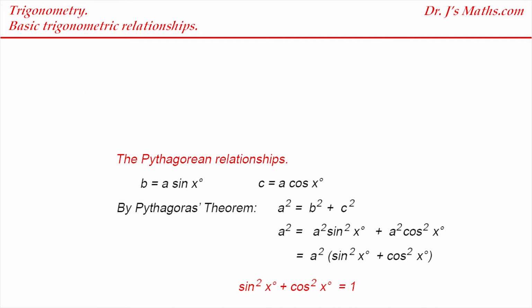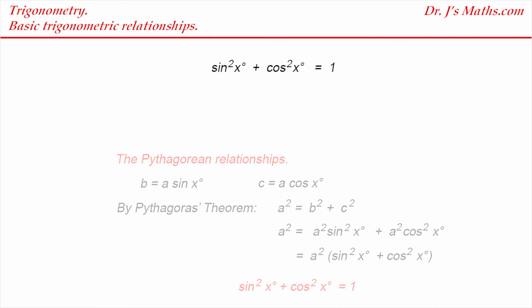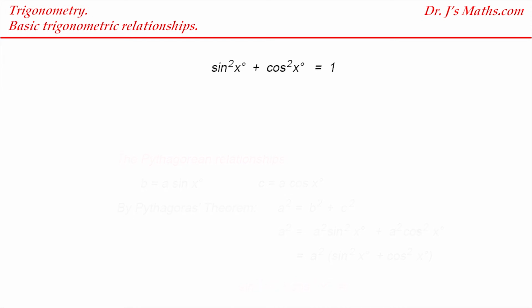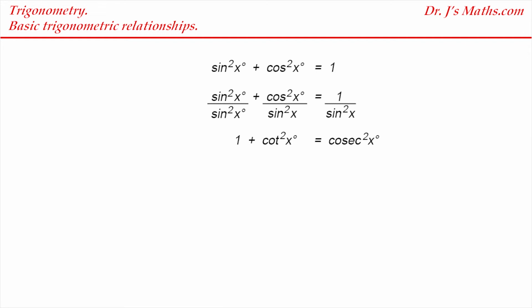So I'll write that again up the top, sine squared x plus cos squared x is equal to 1. And now I'm going to divide each of those terms by sine squared. So I've got sine squared over sine squared, which is 1. Cos squared over sine squared, we now know that is cot squared. And the 1 over sine squared from our reciprocal relationships we know is cosec squared x.